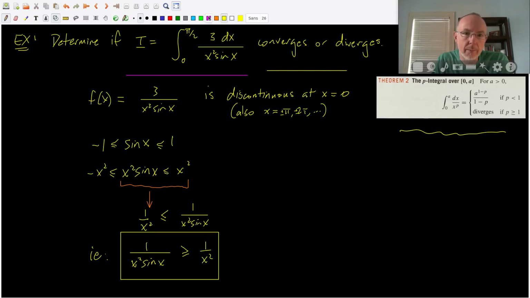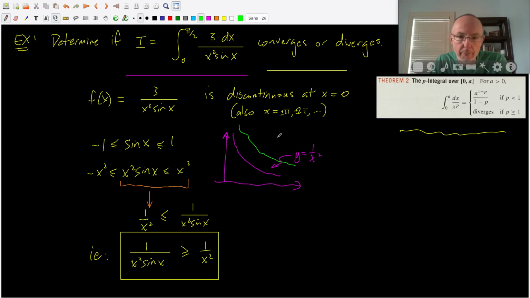Right, so let's think about what the graph must look like. I don't know what the graph of this thing looks like, but if I sketch the graph 1 over x squared, which looks like this, what my argument is saying here is that 1 over x squared sine will always be bigger than that. So I don't know what it does, but it's there, right?